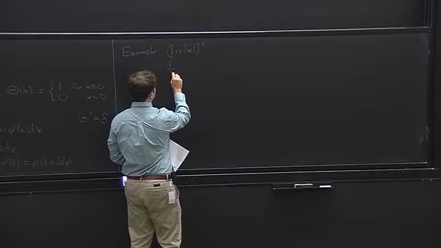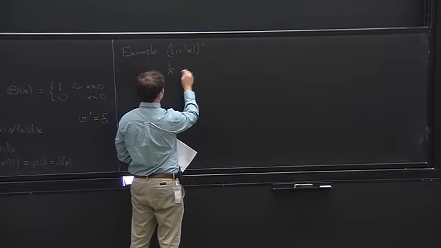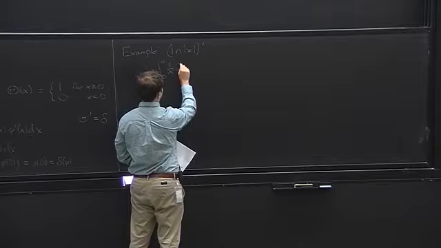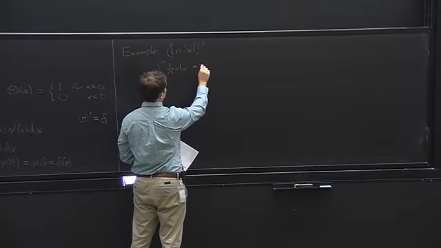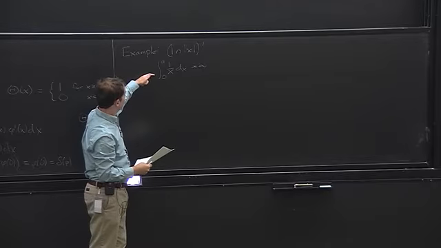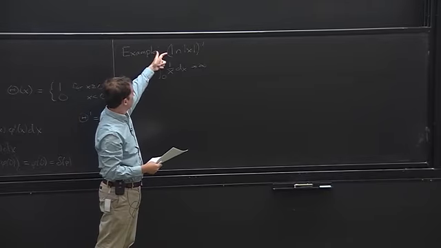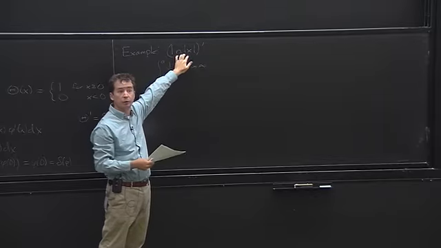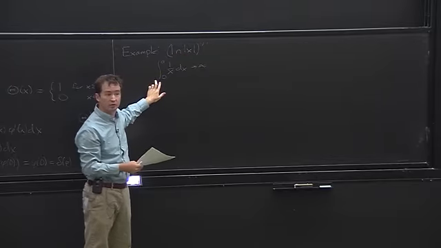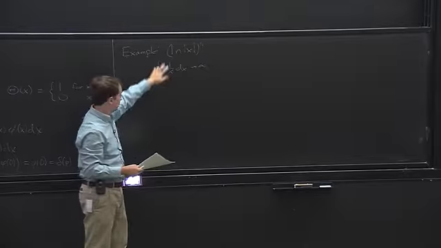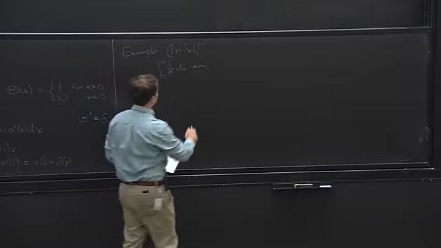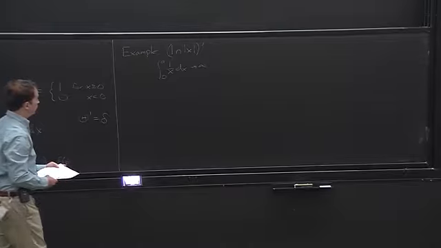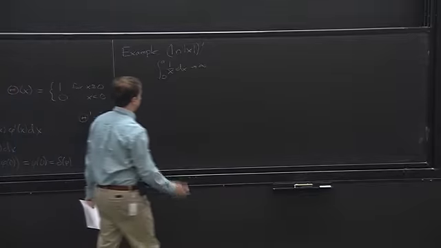But 1 over x is not locally integrable because the integral from 0 to a of dx over x diverges. So it seems like we have a problem here because the answer we might expect does not induce a distribution. So 1 over x is not a locally integrable function, so it doesn't induce a distribution.